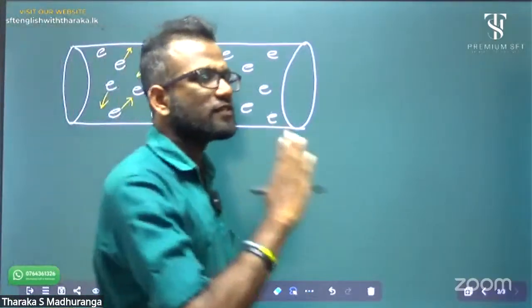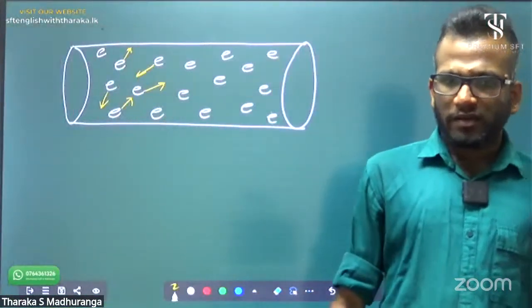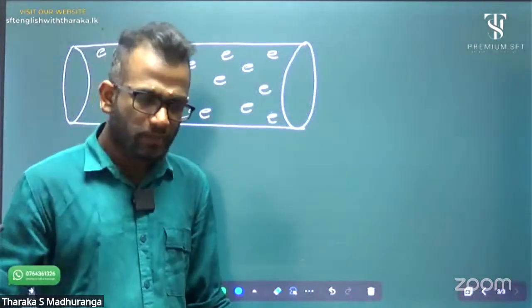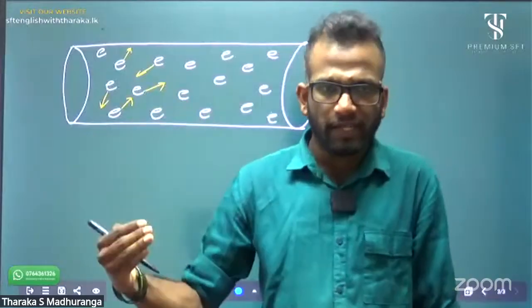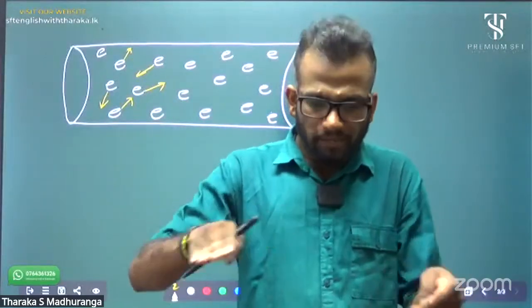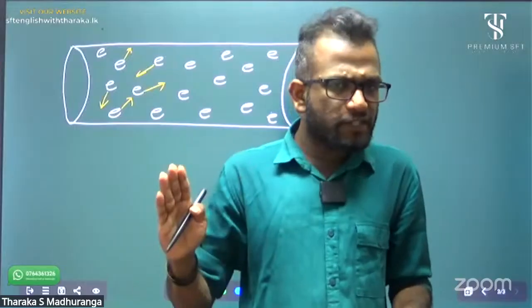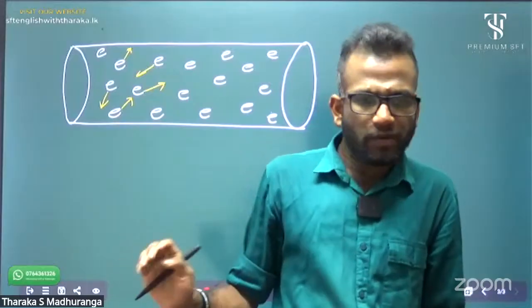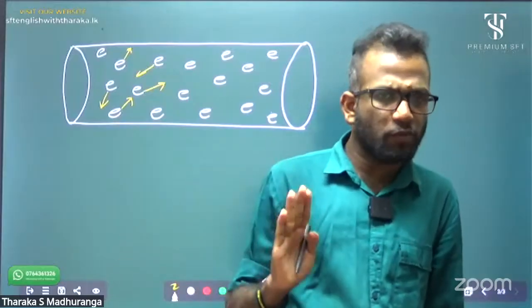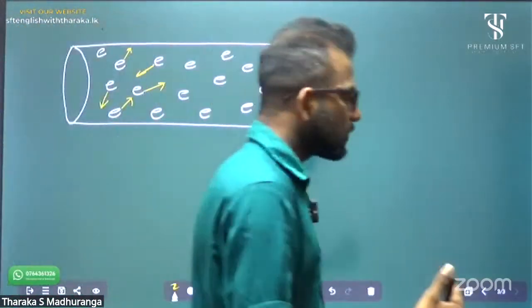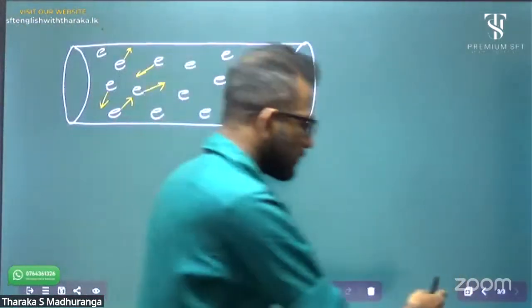This is a very simple story, and you don't need any basic knowledge. Try to understand this story, then you can understand the meaning of electric current. That's the foundation, the basic structure for the electricity lesson. Let me explain again.